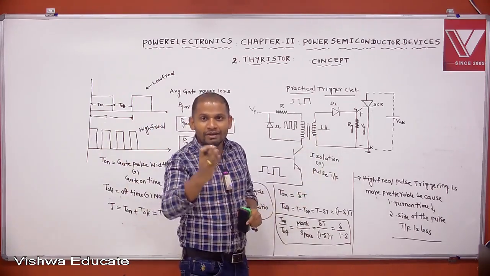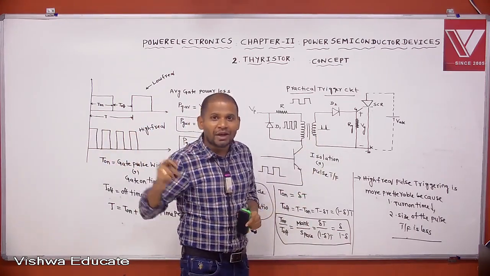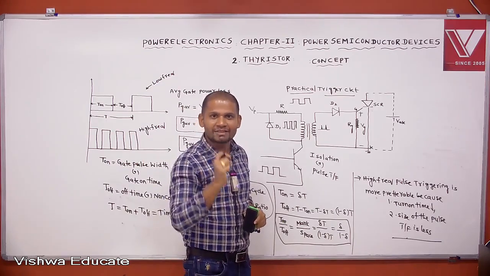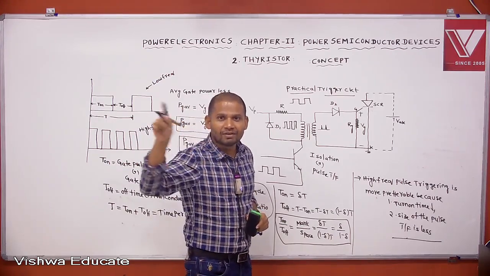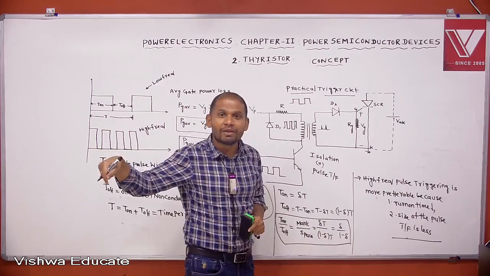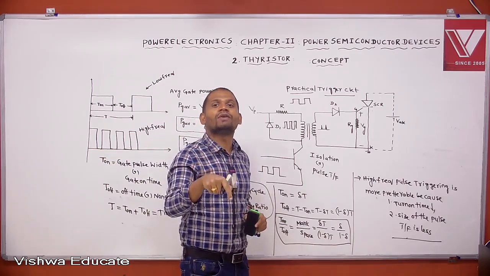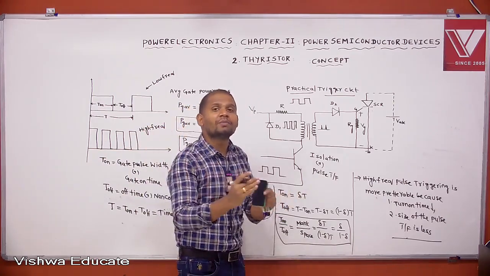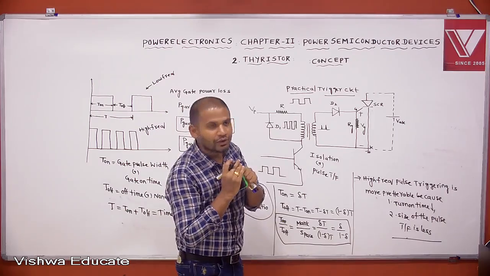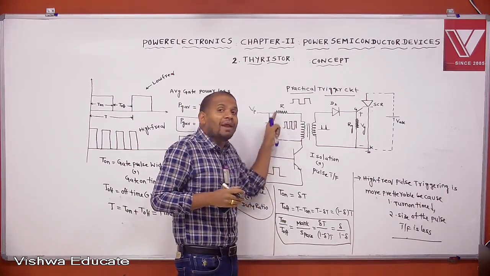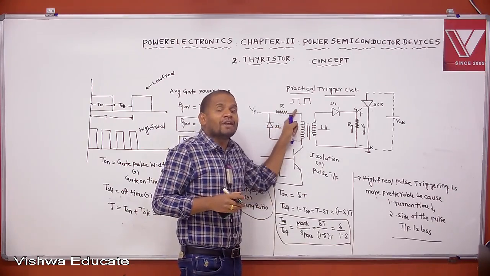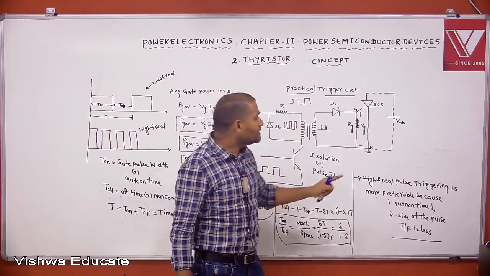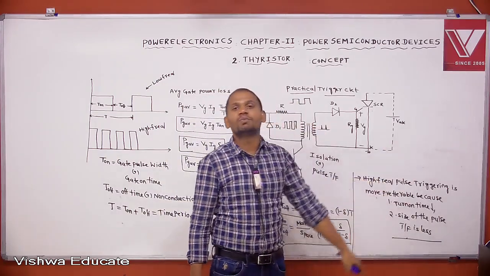In communication systems, in TVs and radios, we see very small transformers. The reason is they are designed for high frequency. But in our power system, the transformer is designed for low frequency. That's why if any transformer is designed for high frequency, its size will be reduced. That's the reason why the size of the pulse transformer is less, and why high frequency pulse triggering is more preferable.